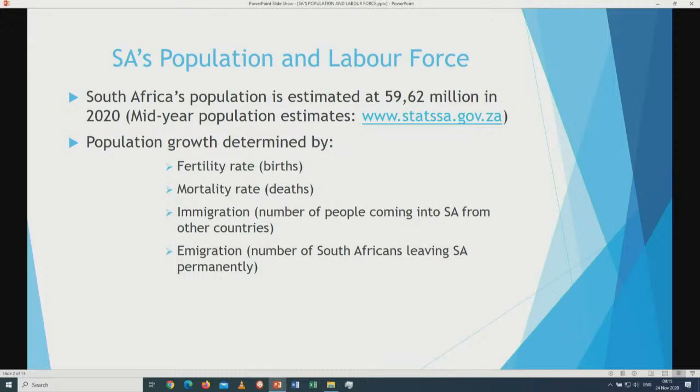So all these factors that we have looked at, fertility, mortality, immigration, are the factors that have led us to be at 59.62 million, because it clearly shows from 48 to 59.62, that's growth of the population. So these are the factors that have caused our population to grow to almost 60 million.